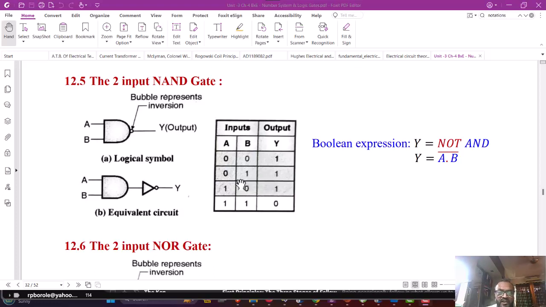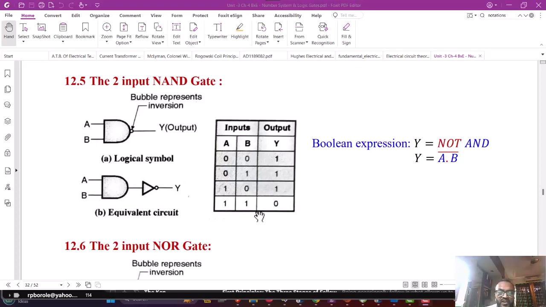So therefore A NAND B under this condition is 1. When A is 1, B is 0, then see here, A and B is 0 and complement of it, that is Y, equal to 1. So A NAND B in this condition is 1.